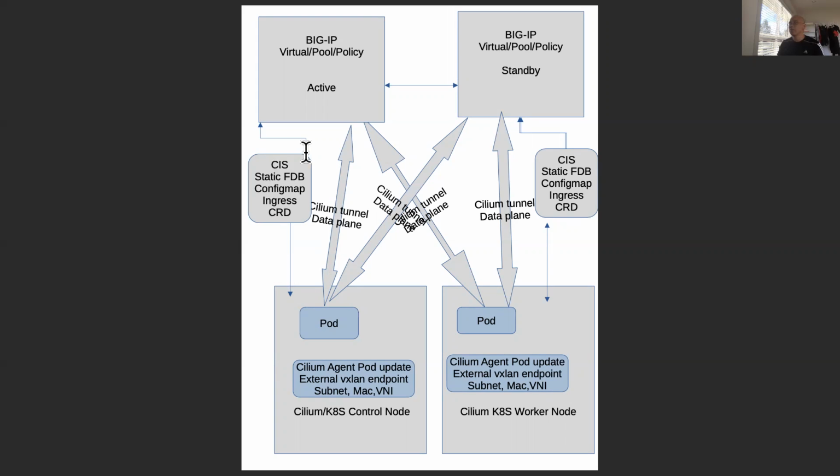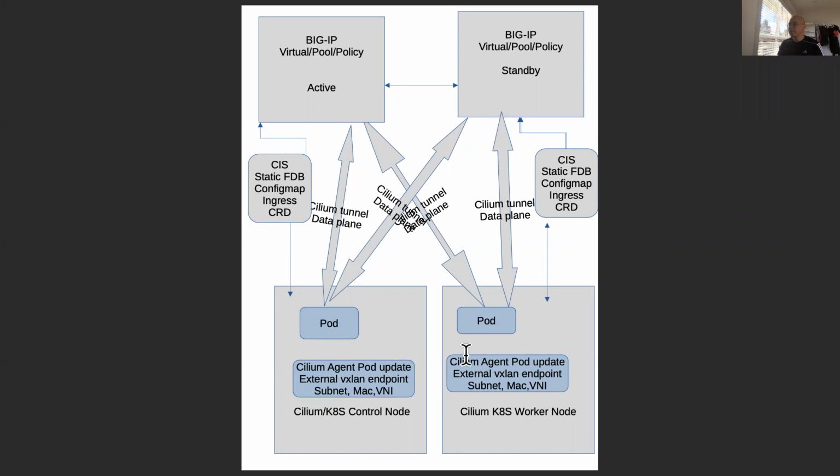We still have F5 CIS to manage the Kubernetes resources and use that to configure the BIG-IP virtual server. So each BIG-IP has a CIS pod running for it.